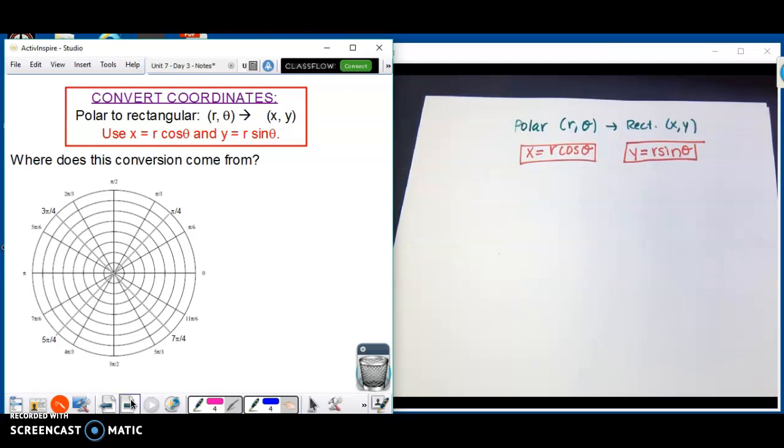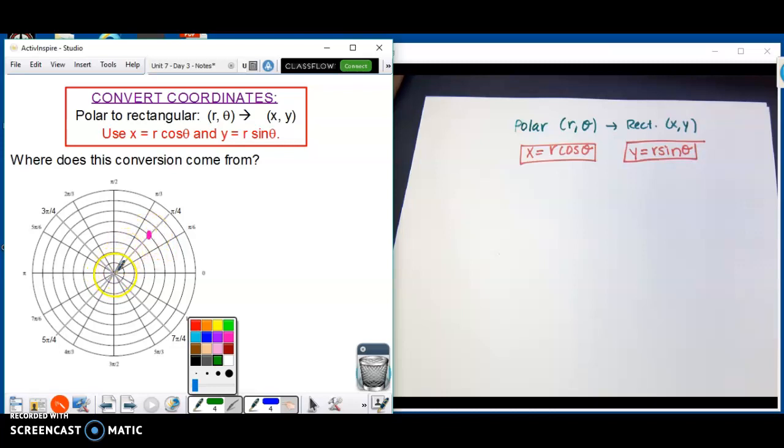So where do these come from? Let me try to draw this on here. If I was to pick a point, let me just pick this point right here. This would be at 1, 2, 3, 4, at 5π/4.